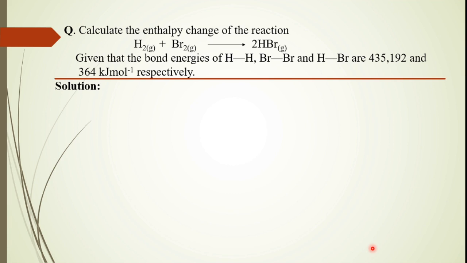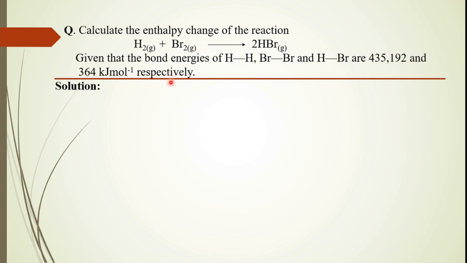So here we will take one numerical. Calculate the enthalpy change of the reaction. The reaction is H2 reacts with Br2 to give 2 HBr. Given that the bond energies of H-H, Br-Br and H-Br bonds are 435, 192 and 364 kilojoule per mole respectively.